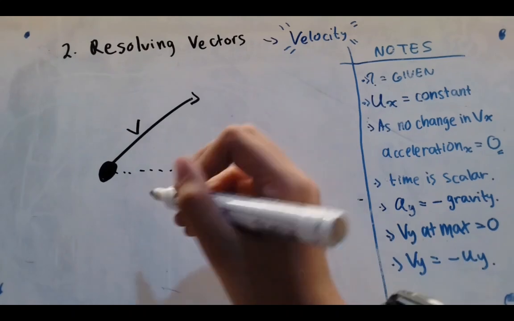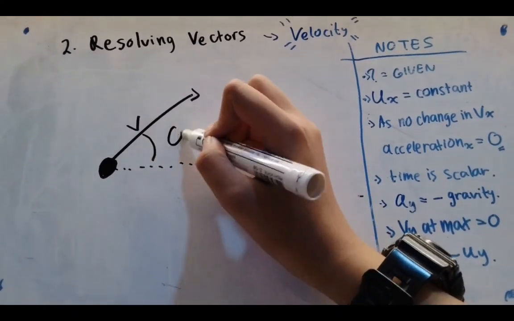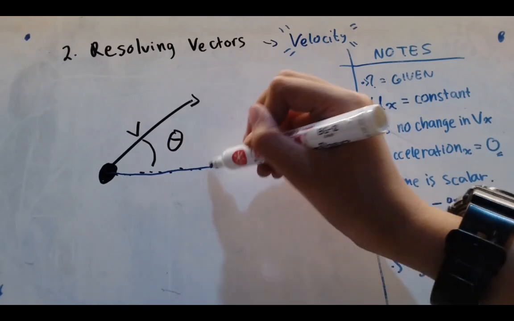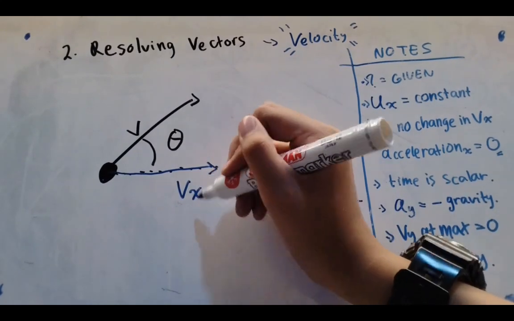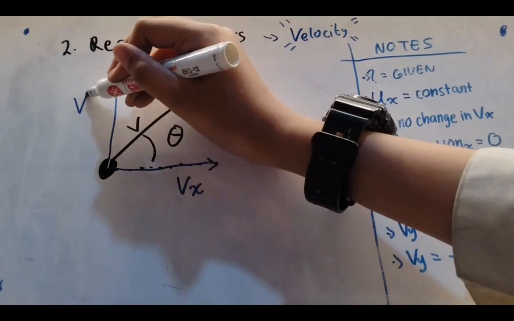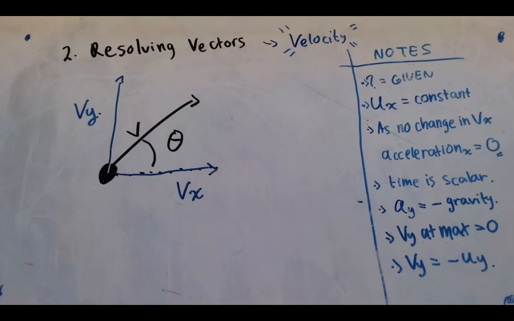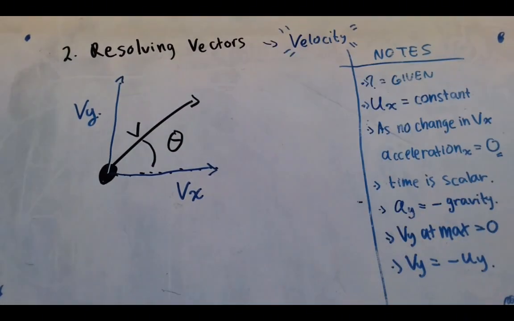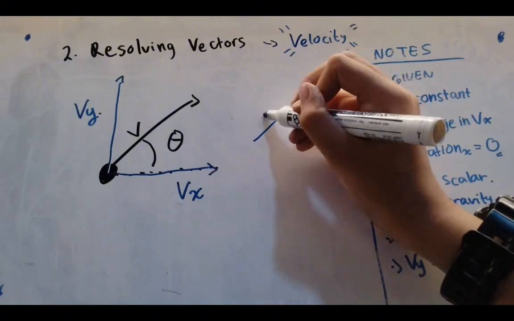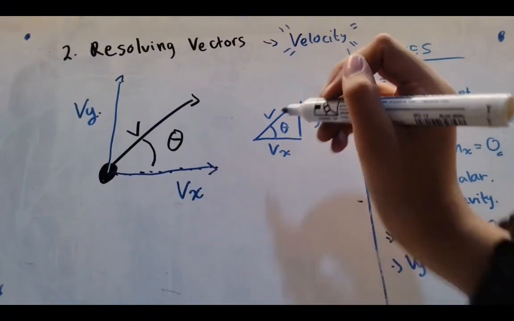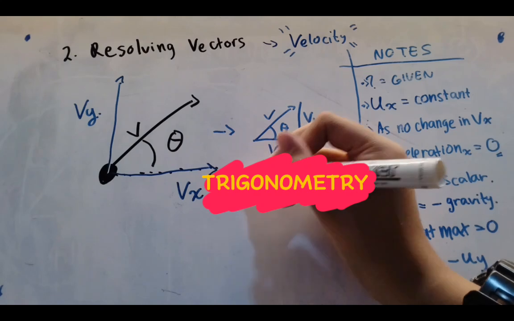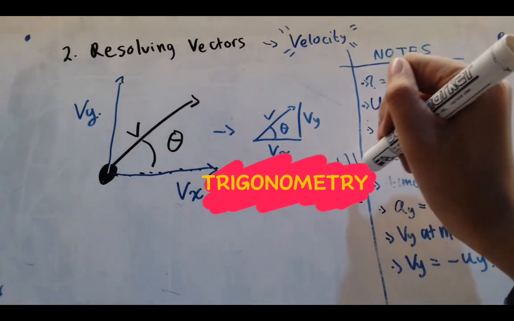The first one is the velocity, the second one is theta, the third one is the velocity in the x direction, and lastly, the velocity in the y direction. So, how do we find the velocities in the x and y directions? Basically, we can just use the trigonometry way. SOH CAH TOA.